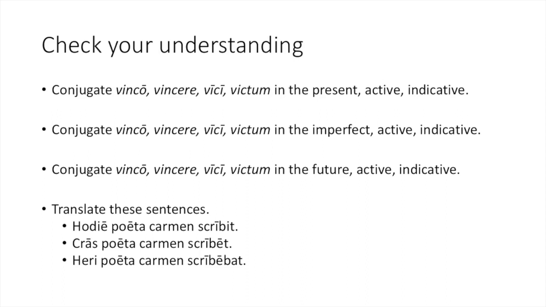If you are not sure about all of your vocab, know that scribo, scribere, scripsi, scriptum means to write, just like script, the thing that's written down that various languages use. Once you have completed this work, call me over and I will check your work and then give you your next task once they are all correct.